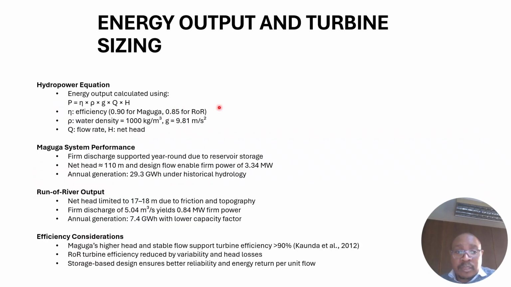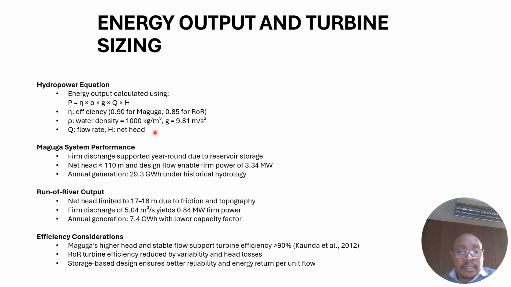Then on the energy output and the turbine sizing, this is the hydropower equation. There it is, with P for power and η for efficiency, then ρ will be the density, g for gravity, 9.81, Q for the flow rate, and H for the net head.